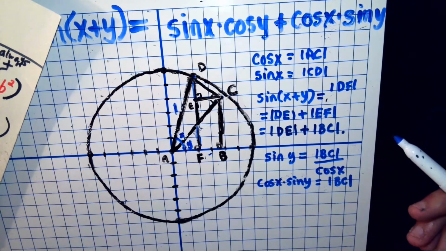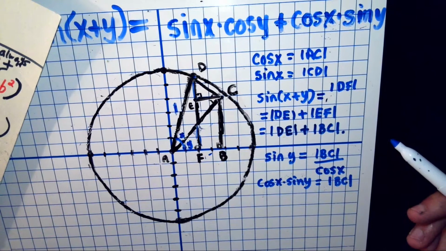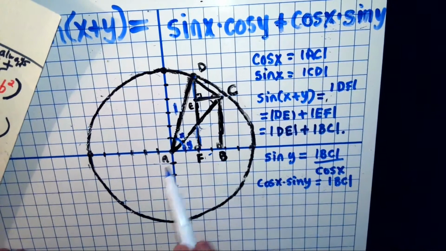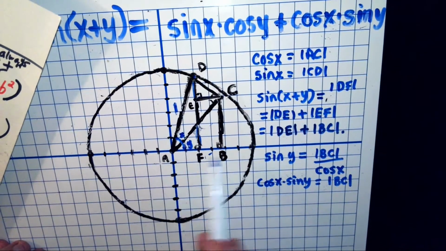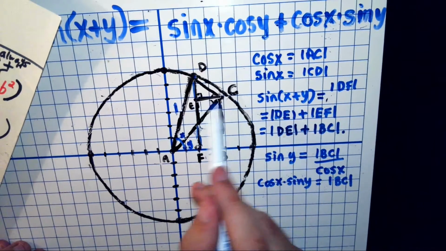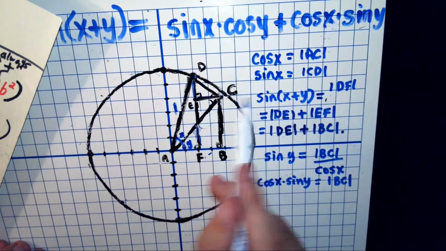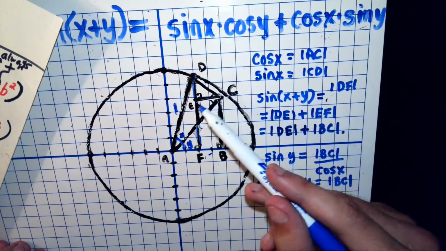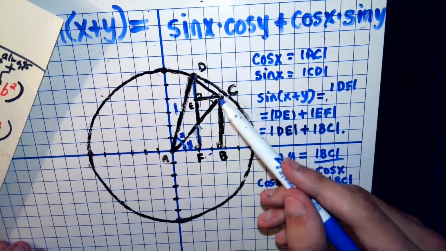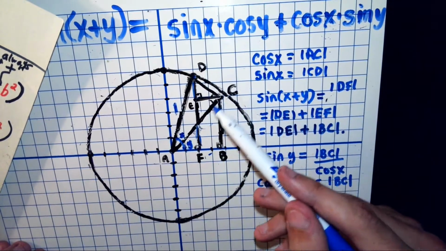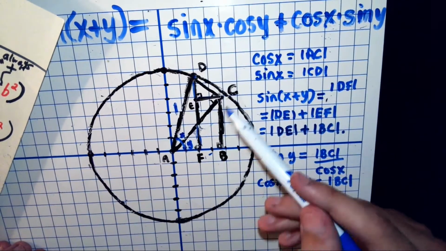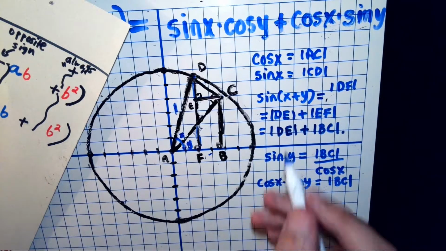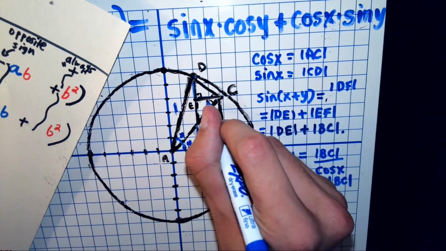Lastly, we're going to use the alternate interior angles mentioned earlier. Note that in this picture, the segments AB and EC are parallel, and the segment AC is a transversal of these two parallel lines. Because of that, the alternate interior angles are equal, so the angle here is also y.